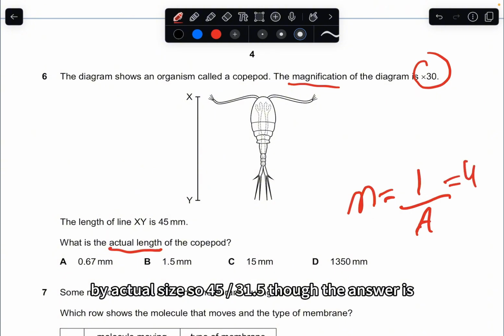So 45 divided by 30, 1.5. The answer is B.